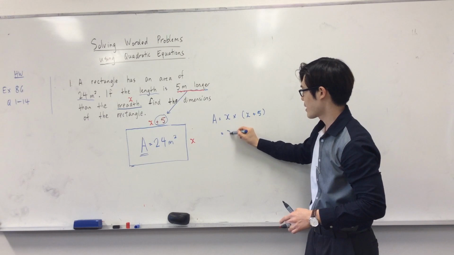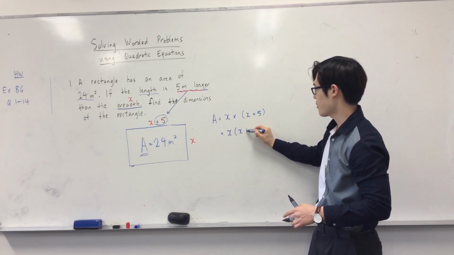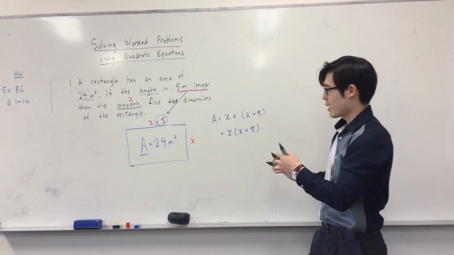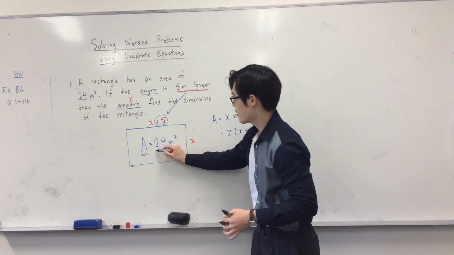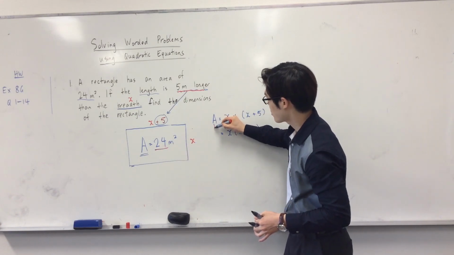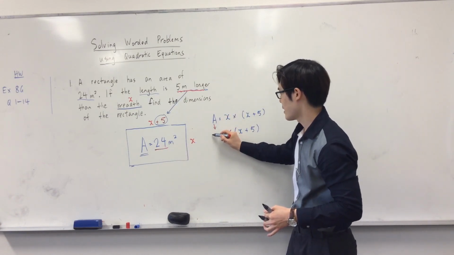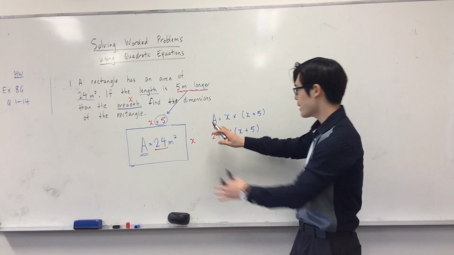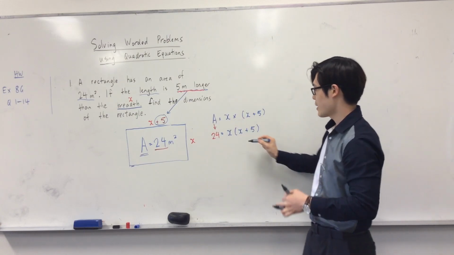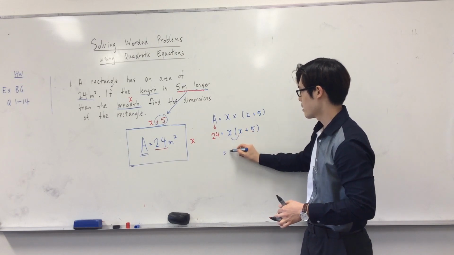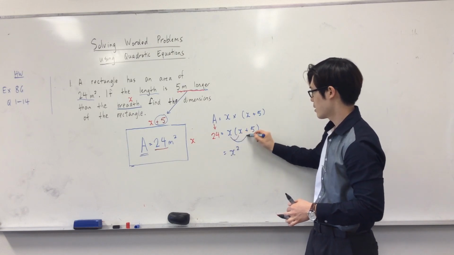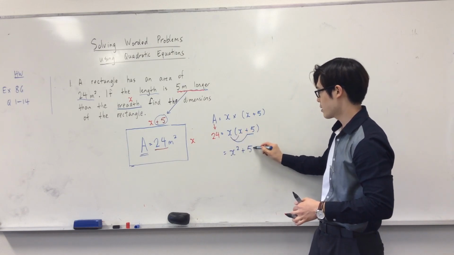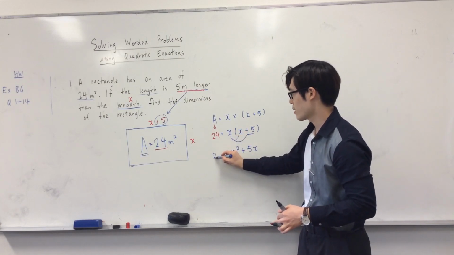Remember, we know what the area is. The area is 24. So let's replace that with 24. Now I'm going to expand the bracket. That's x squared plus 5x equals 24.